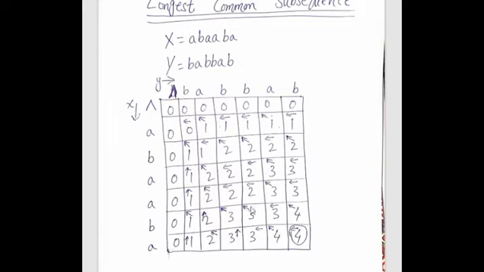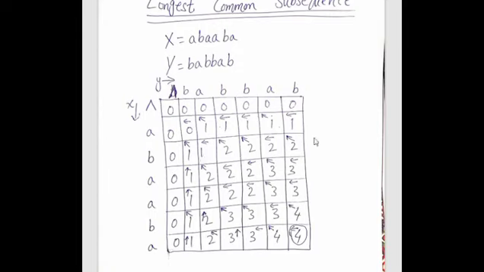We will write B. Now from where are we getting this diagonal value? From this diagonal, that is 2. We compare it with the corresponding row and column, both are the same. Again write A here.